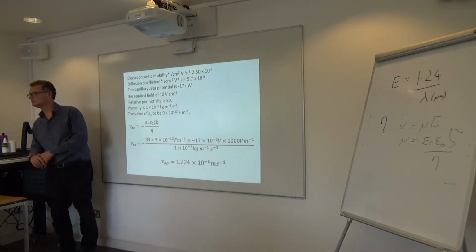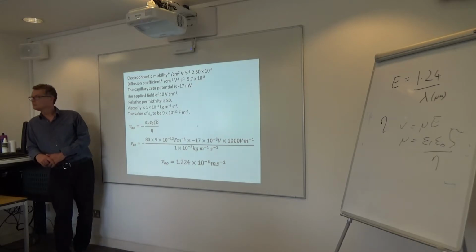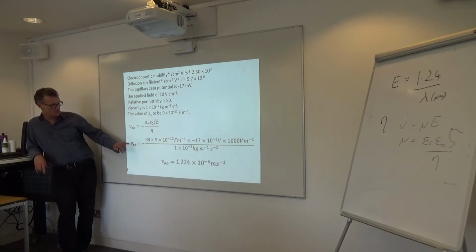In the equation there, how do we account for electrical mobility, 2.30 times 10 to the minus 4? You're given those two in the exam paper, combined together, which was the osmotic flow.